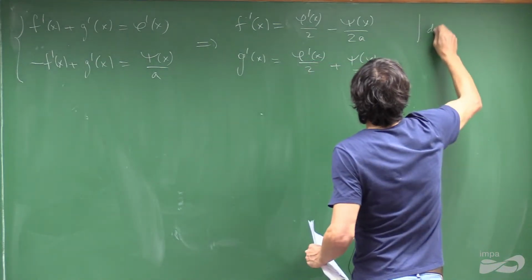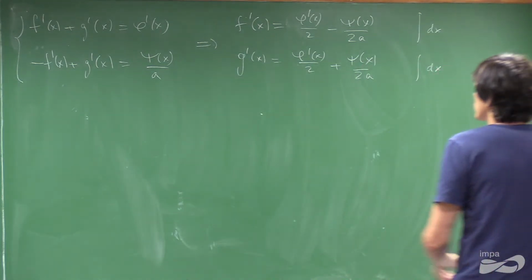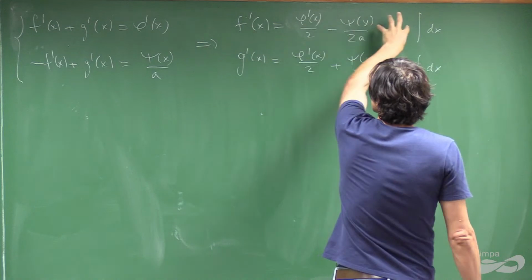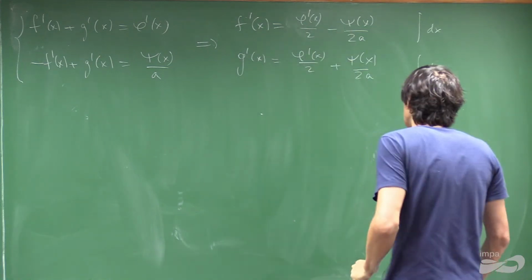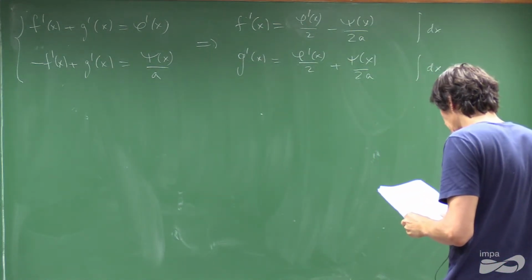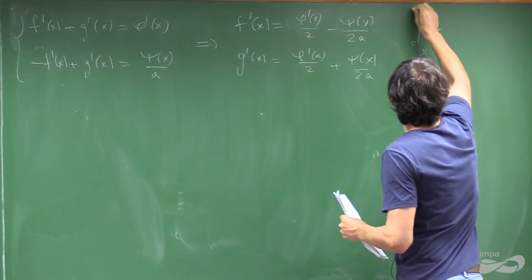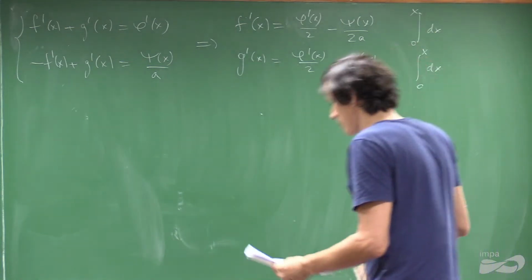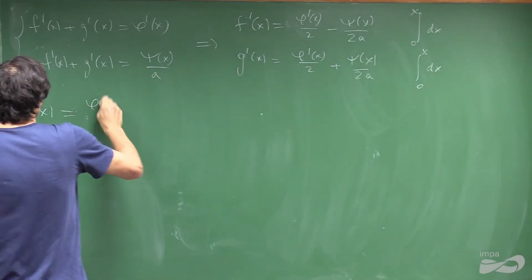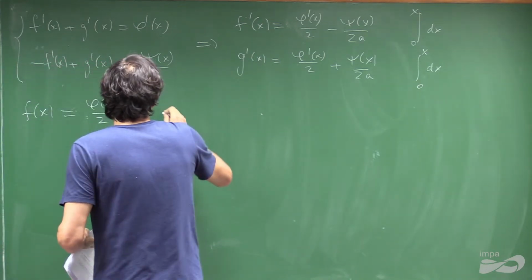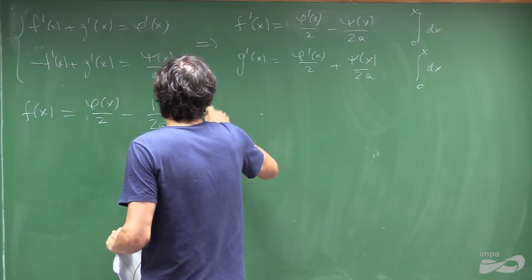So the next step is we can integrate both. We take the integral with respect to x. When you integrate, you get an integration constant that we will put at the end. But the first gives f, this gives integral of phi, integral of psi. So we will integrate, and we will put integration limits clearly from 0 to x. Then we get that f of x equals phi of x divided by 2 minus 1 over 2a integral of psi of x dx.